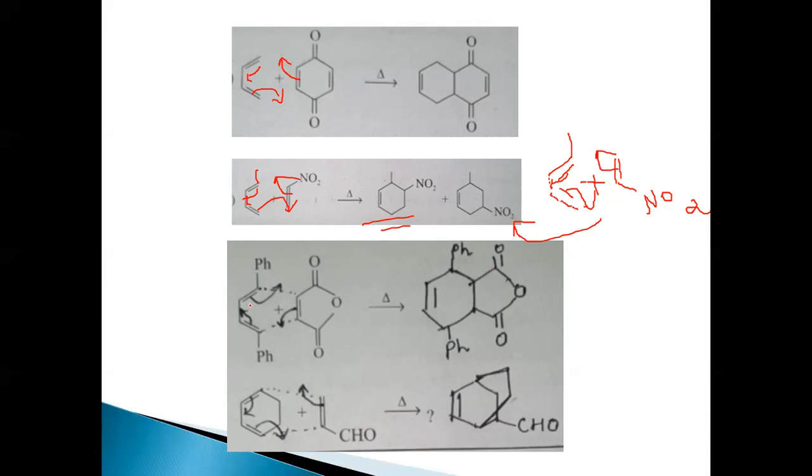And this one also, if you observe this carefully, this is what is happening, and bond formation is between these two here, resulting in the formation of this new product. Yes, 1, 2, and 3. This one is above the plane of the molecule.